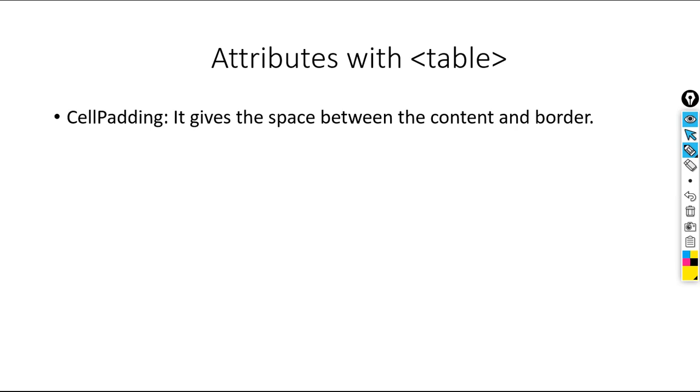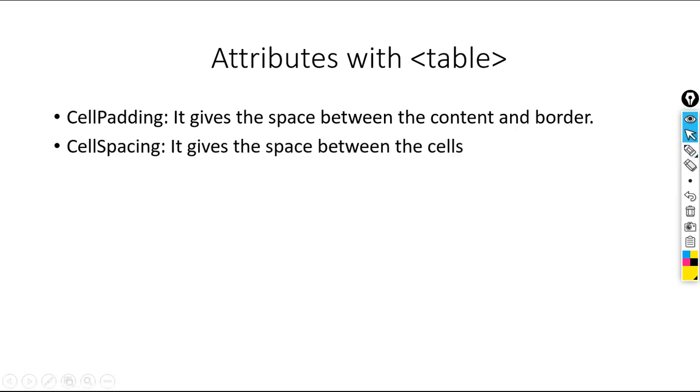Now let's move forward. Cellspacing, it gives the space between cells. Let's say there are two rows and two columns. Correct. This is one cell, this is another cell, this is another cell and this is another cell.